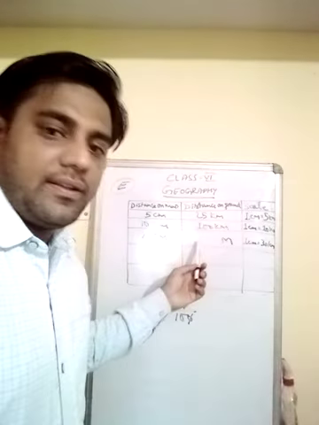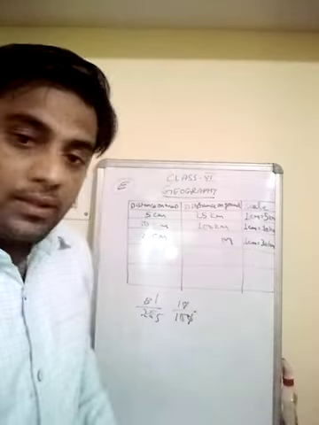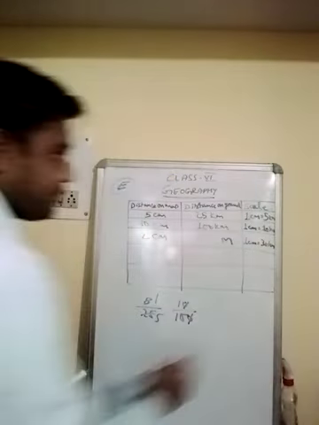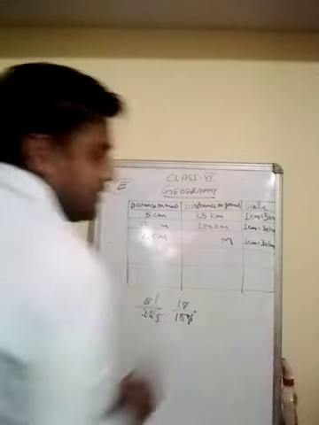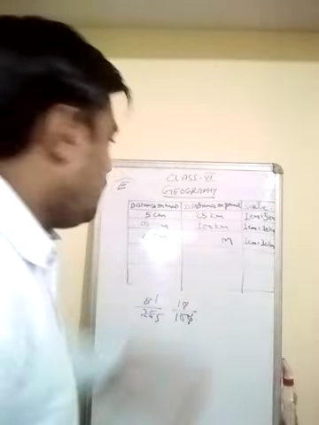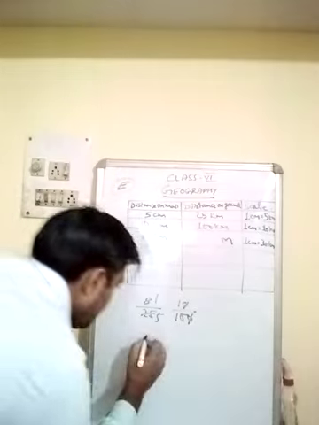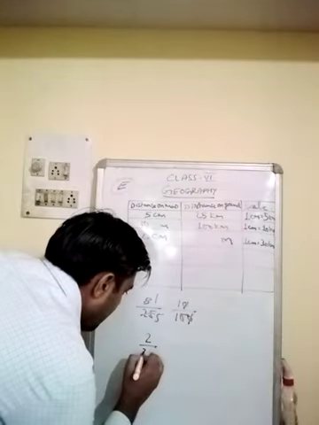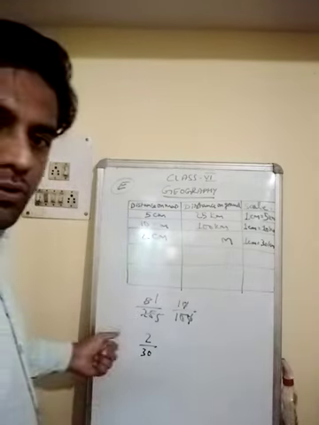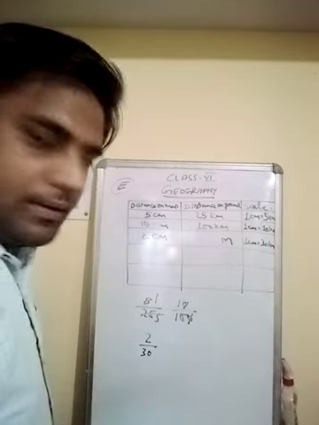Distance on ground is blank, but in your scale it is given 1 centimeter equals 30 kilometer. So that means whatever this is, 30 kilometer, first of all we need to solve it. 2 by 30.